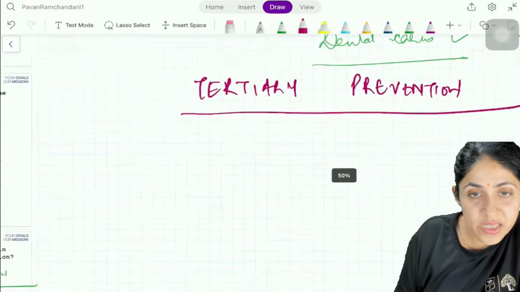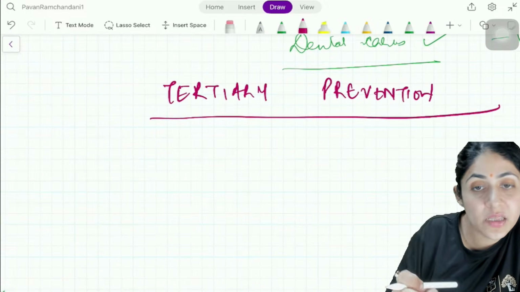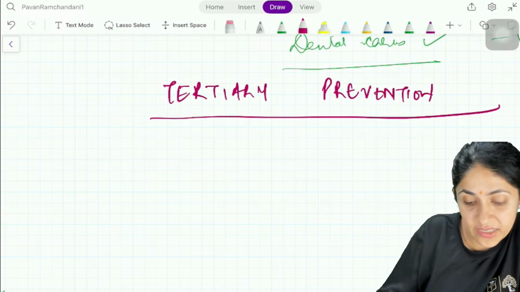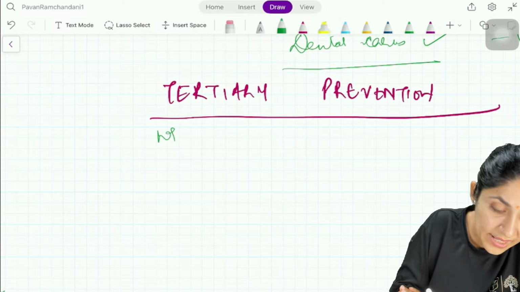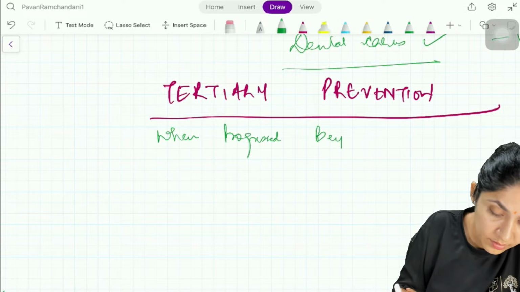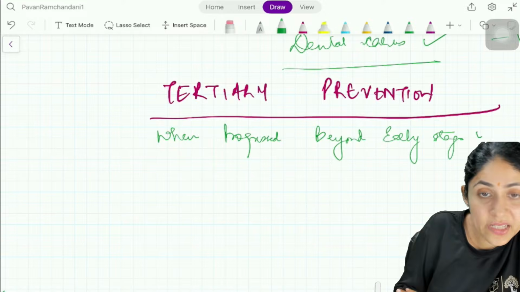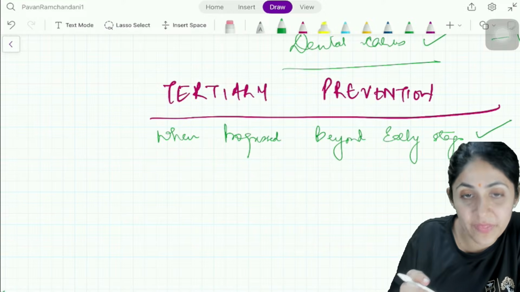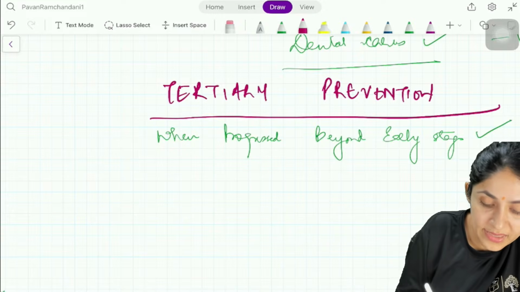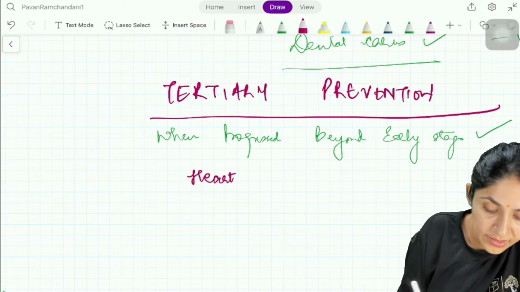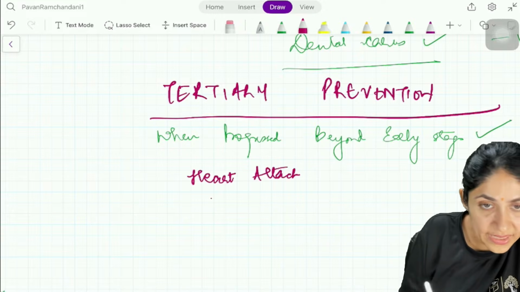Tertiary prevention is when the disease has progressed beyond its early stages. That is called tertiary prevention. For example, in these cases, the heart attack has already taken place.